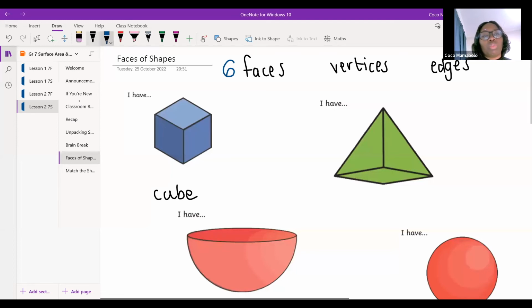Now, vertices are actually corners. They're corners. And now we need to think about how many corners of my shape do I have? Danae's not that bad, I promise. Let's say, for instance, we can see into our shape like that.